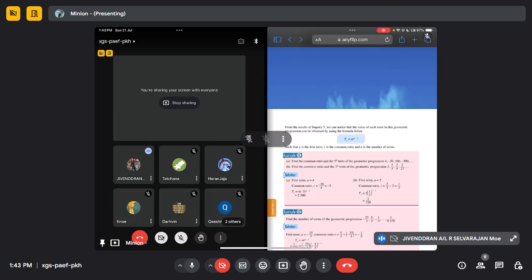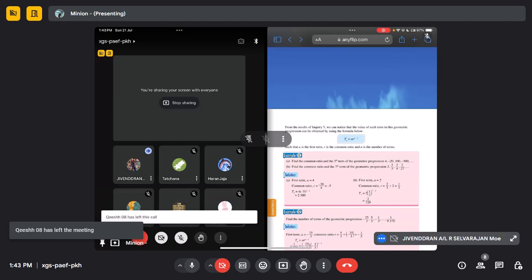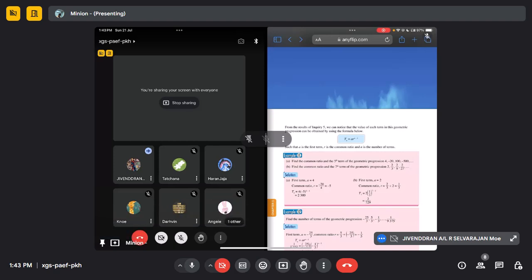And then they are asking for the seventh term, so sub into the equation. T7, n equals 7, equals 2 times bracket 1 over 3, close bracket, to the power of 7 minus 1. And then press the calculator, you'll get 2 over 729. So that's the answer. So example 12.